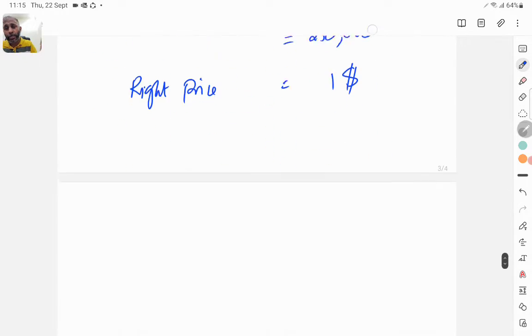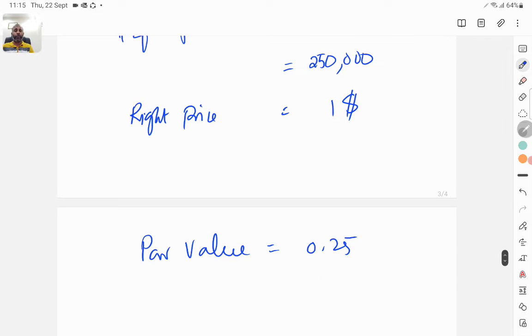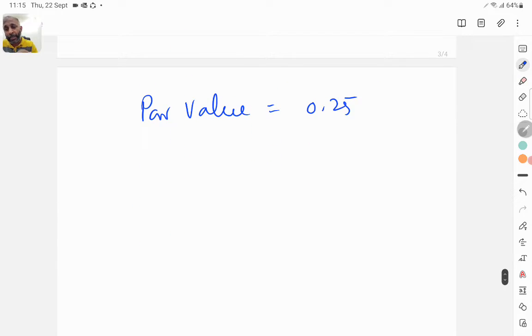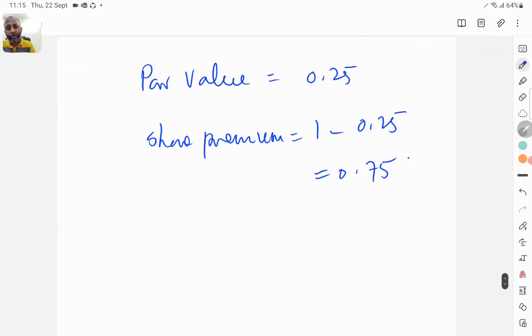Now, as we already know, the par value is 0.25. So we are selling a share at $1, par value is 0.25. That means we are making a share premium of 1 minus 0.25, which is 0.75. And then we can find out how much cash we are receiving.